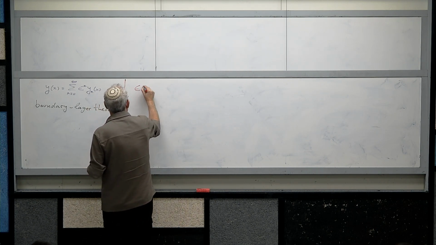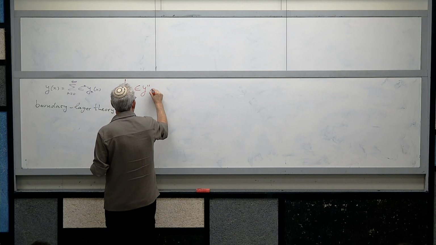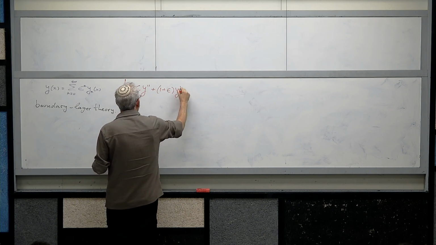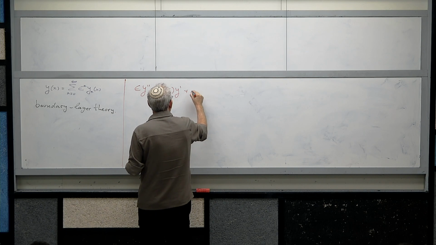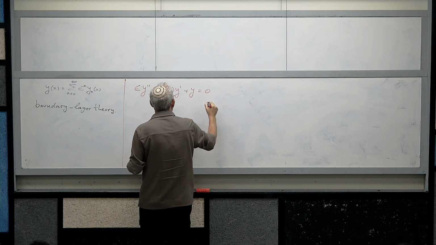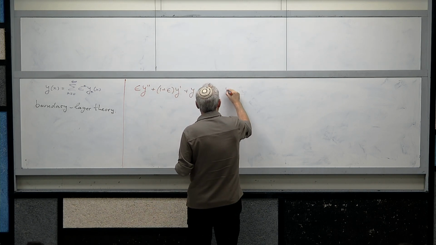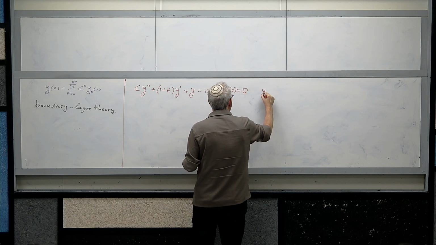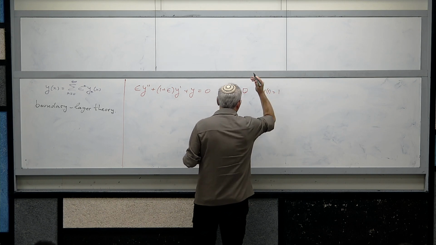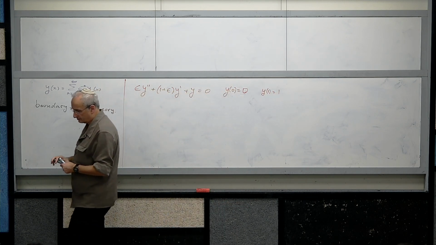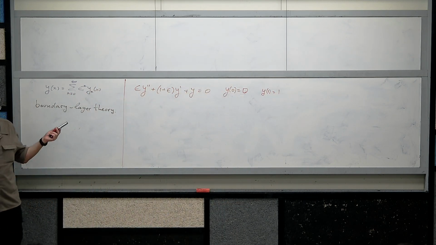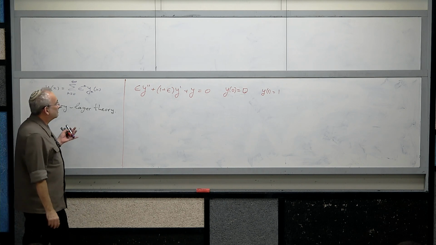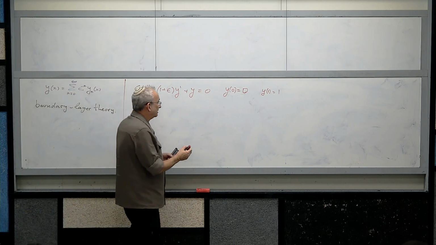I have epsilon y double prime plus 1 plus epsilon y prime plus y equals 0 with a boundary condition y of 0 is 0 and y of 1 say is 1. Now, why is this a solvable case?